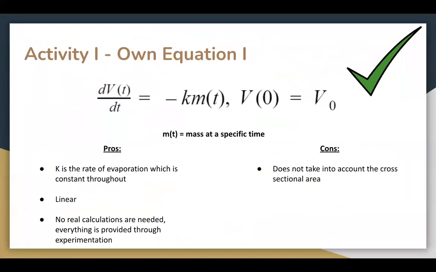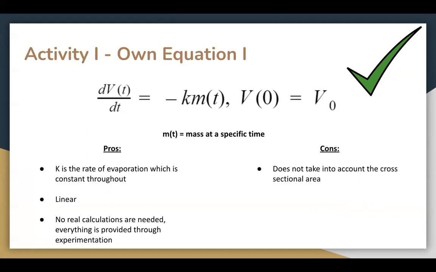For the next two, we had to create our own equations that best suit, first off, how it would reflect how we could get the rate of evaporation, and second, which equation would be considered the worst. In this case, we looked at the mass at a specific time of each dish and cover. K is our rate of evaporation, once again, throughout.